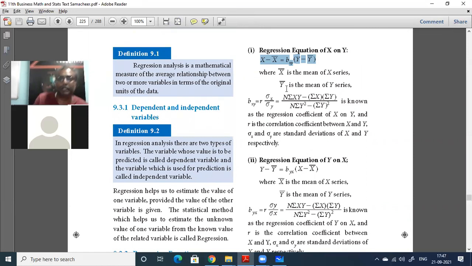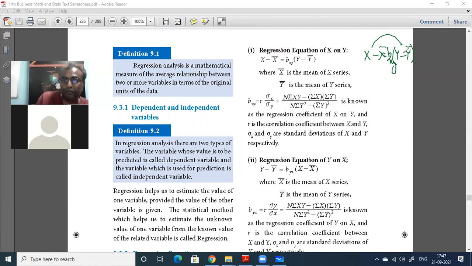So whenever a regression equation comes where x is dependent on y, you will have x minus x bar on the left hand side, dependent on y minus y bar on the right. It is equal to b of xy. That's all: x will come left, y will come right side.